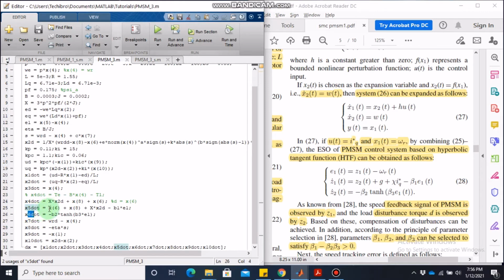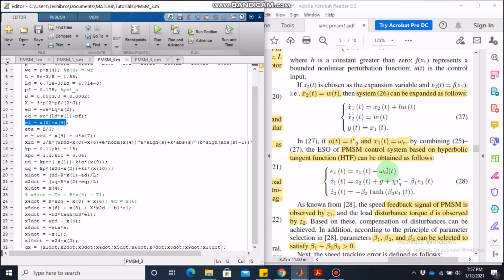So z1 dot is equal to z2, which means x6, and plus g, remember, is the x8 in our code. And this is capital X, and x2d is iq star minus beta 1. Beta 1 value is given in the paper, and e1 is defined here in the code. So e1 is x5 minus x4, which means that it is z1 minus omega r.